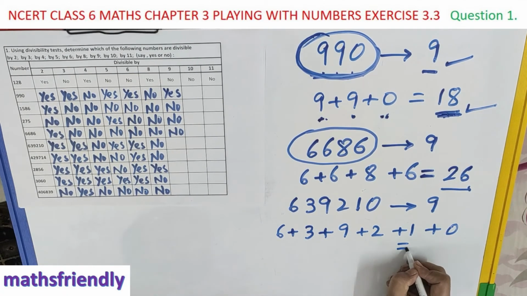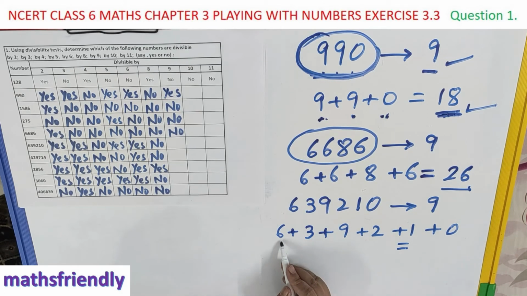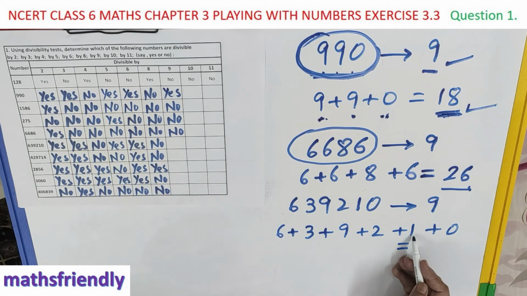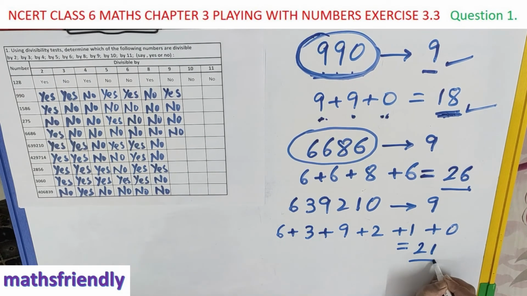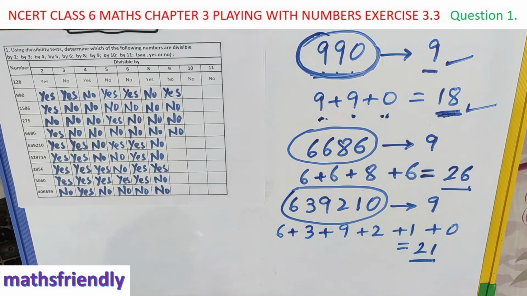What is the sum of these digits? It is 6 plus 3 is 9, 9 plus 9 is 18, 18 plus 2 is 20, and 20 plus 0 is 20. Is 20 divisible by 9? No, because 20 does not come in 9's table. So this number is also not divisible by 9.